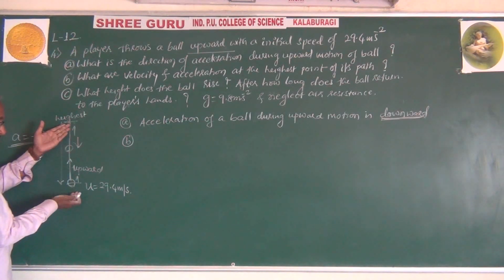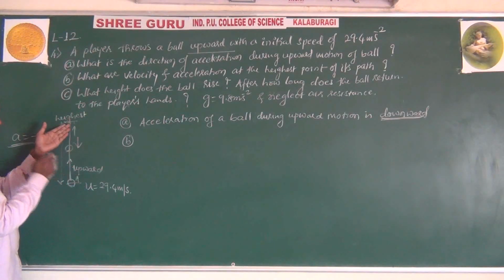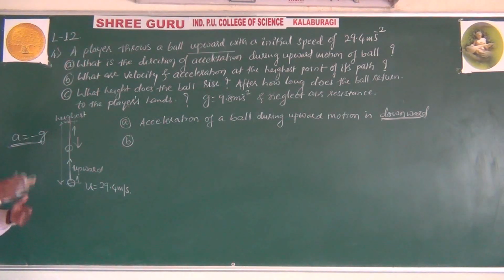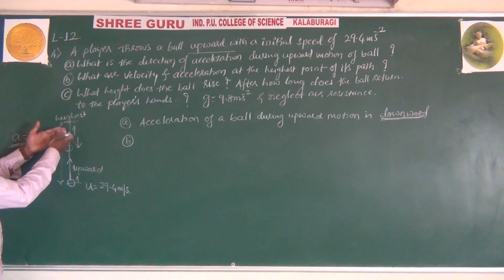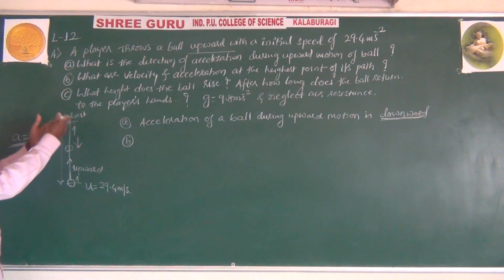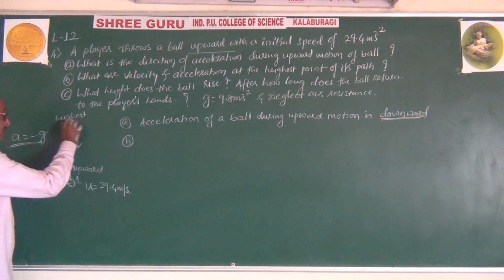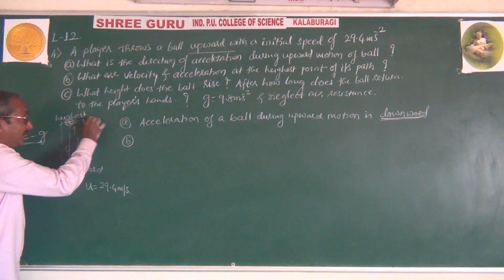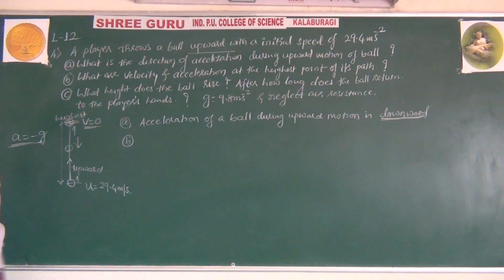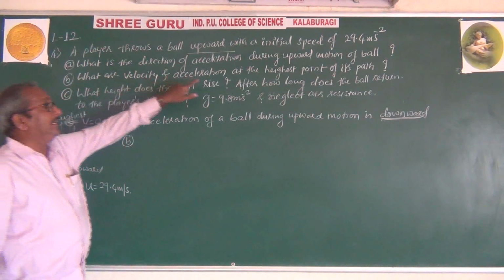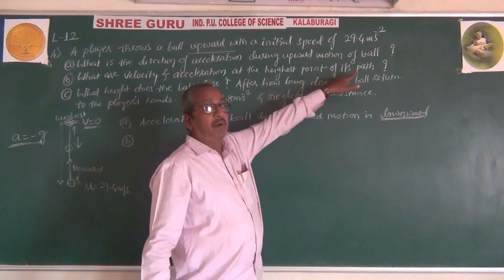Downward acceleration is retardation. Whenever it reaches the highest point, its final velocity v is equal to 0.